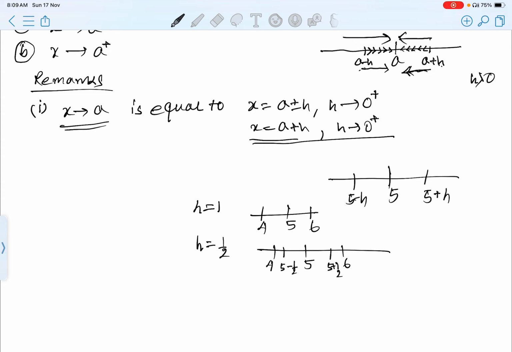Clear? Whenever you take h as small as possible, this looks like going to 5, this is going to 5. Clear, maybe, the definition?